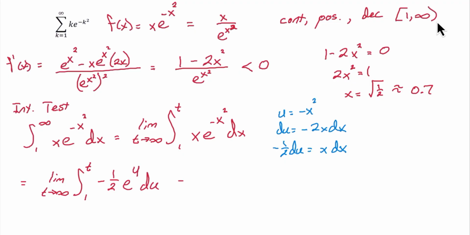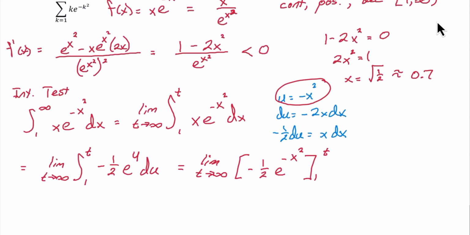This will be a little bit easier to integrate now. We have limit t approaches infinity of negative 1/2 e to the u. But let's replace u with our u value, negative x squared. And we want to evaluate that from 1 to t.